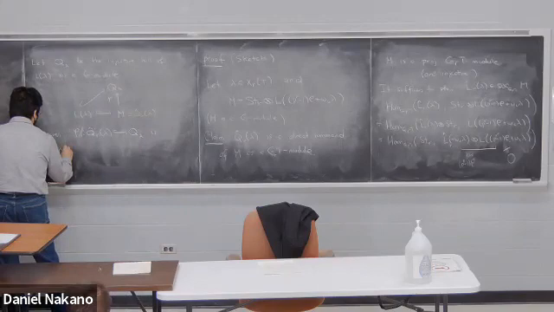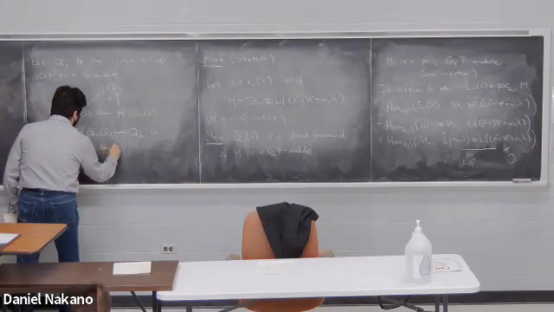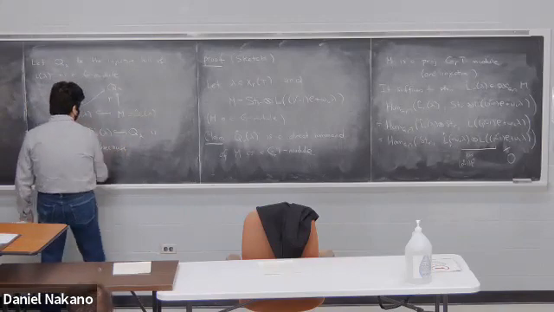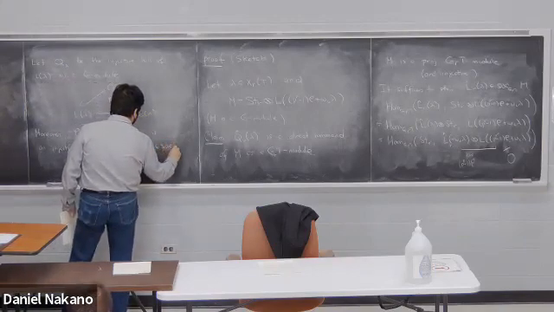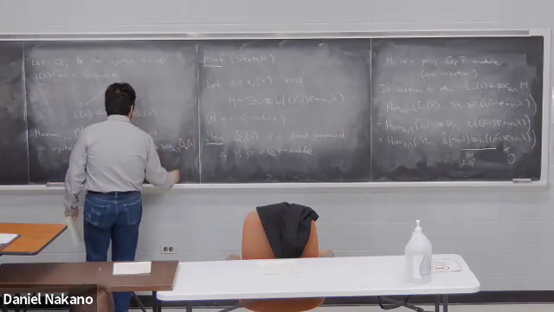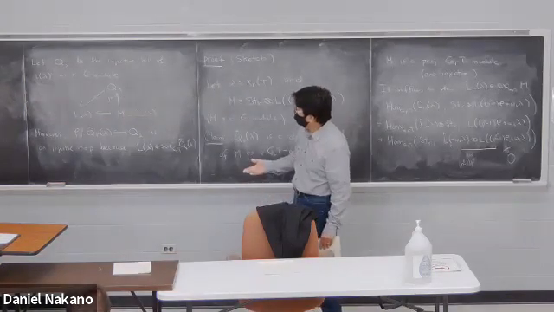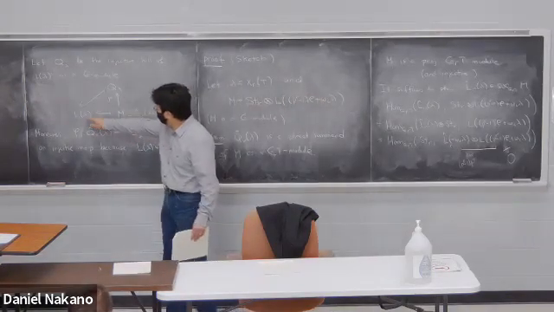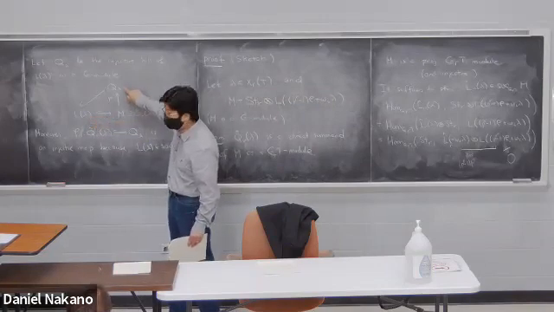Because this L lambda is the socle, it has to be injective, because we know that when I go from here to here and then go to here, it's an injective map.